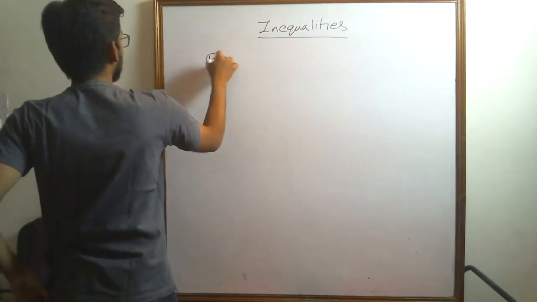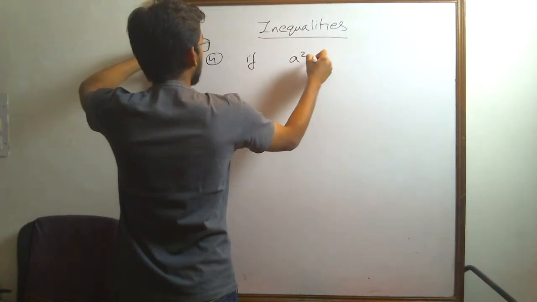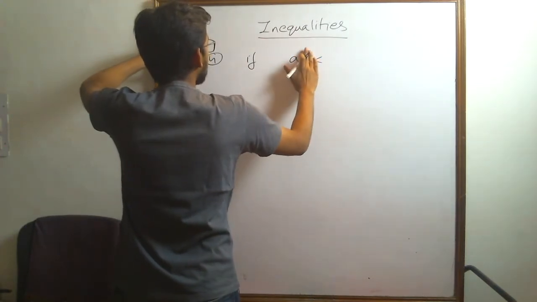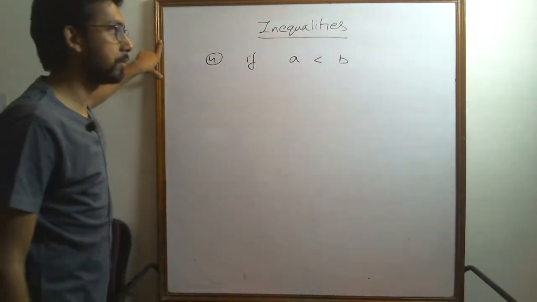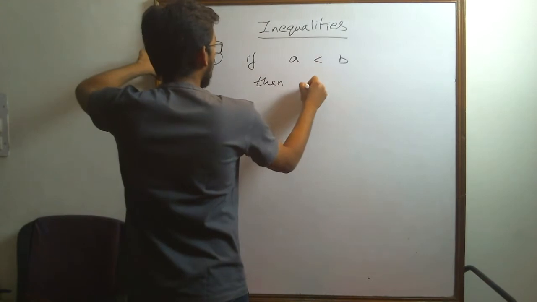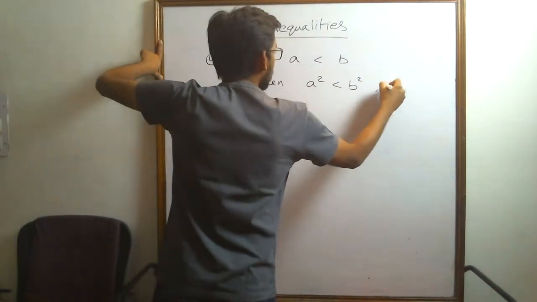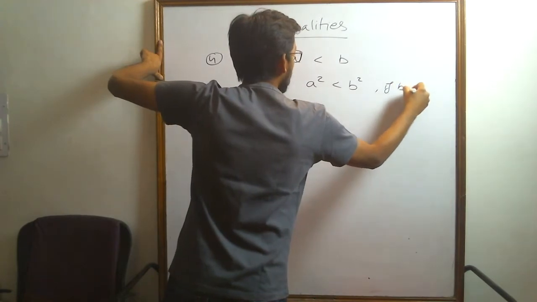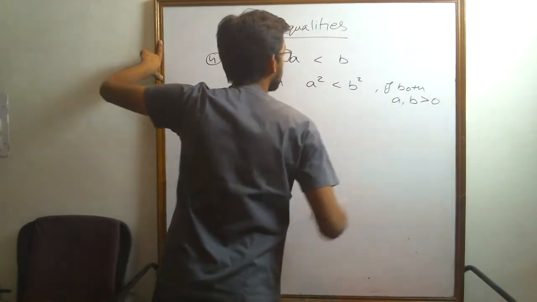Fourth inequality: if a is less than b, then a square is less than b square if both a and b are positive.